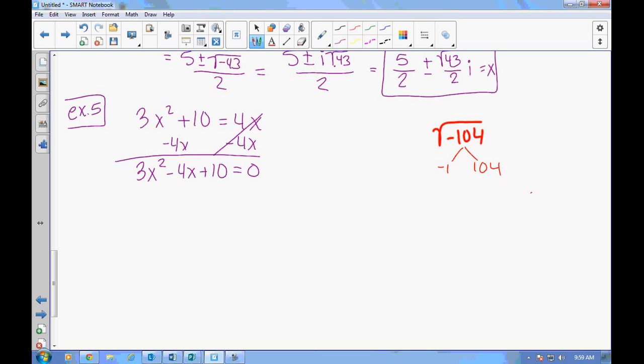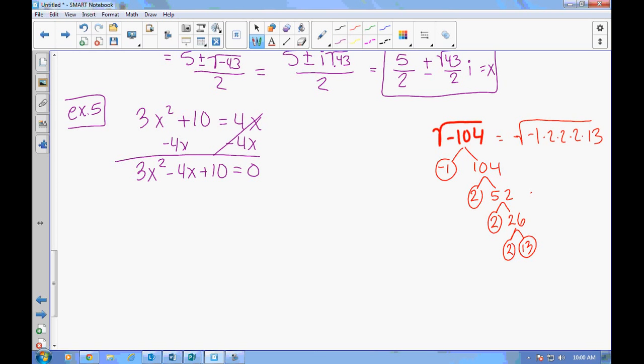How does positive 104 break down? 2 times 52. 52 breaks down into 2 times 26, and we get 2 and 13. So all of these are factors underneath the square root: negative 1 times 2 times 2 times 2 times 13.